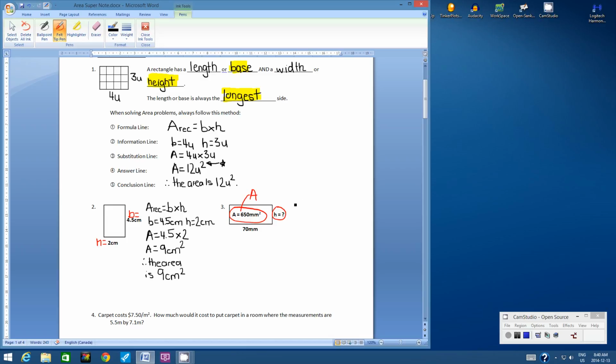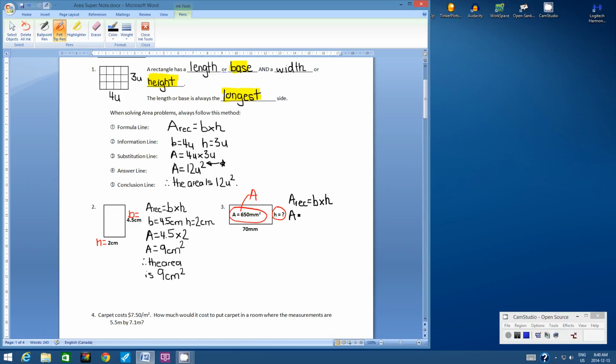We start with our 5-line solution. First line is our formula line. Area of a rectangle equals base times height. Okay? That part doesn't change. The second line is our information line. So again, what do we know?